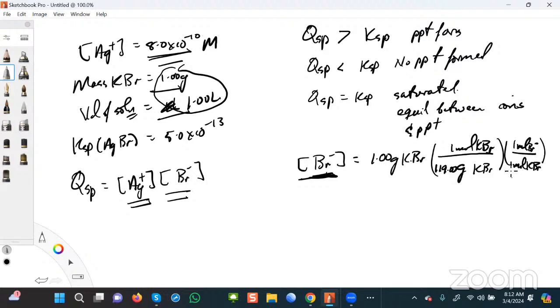So what we have determined so far is the number of moles of bromide. But remember, the question, or this part of the question, is to find the molarity of the bromide ion. So now that we have the moles of bromide, how would you determine the molarity?